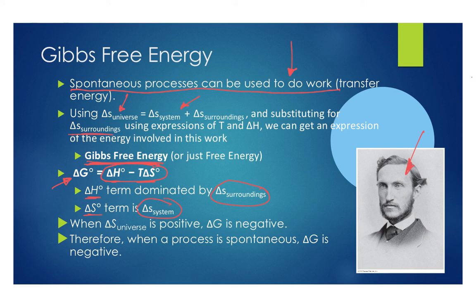Through some manipulation, we can see that any time that the entropy of the universe is positive, delta G is negative. Therefore, when a process is spontaneous or thermodynamically favorable, delta G is negative.